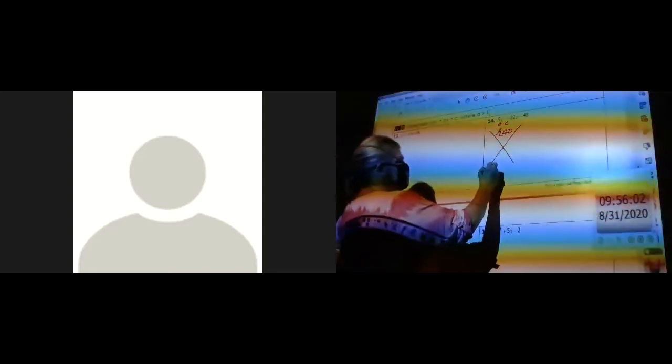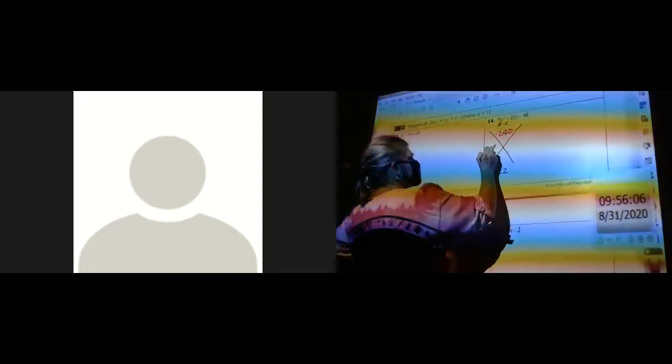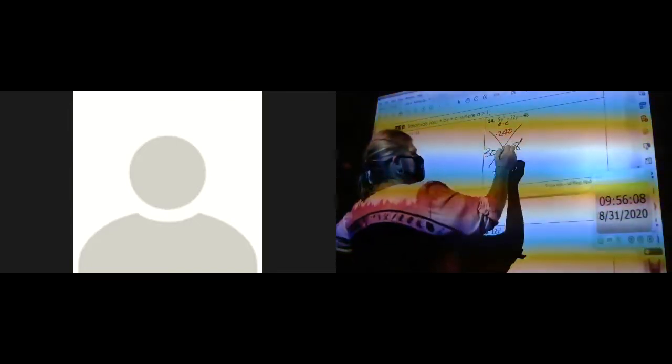So is that correct? Yes, and you did 30 again, and you want it to add together to get a positive 22. So 30 and negative 8. Does 30 minus 8 equal a positive 22? Yeah. And 30 times 8?